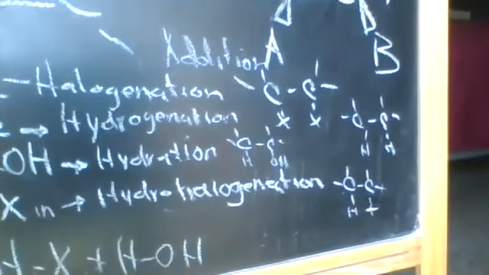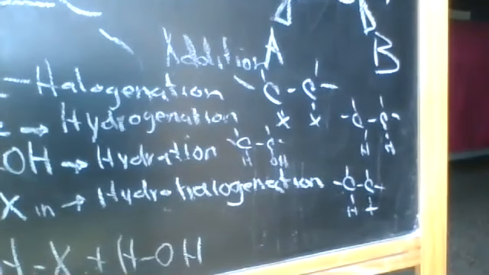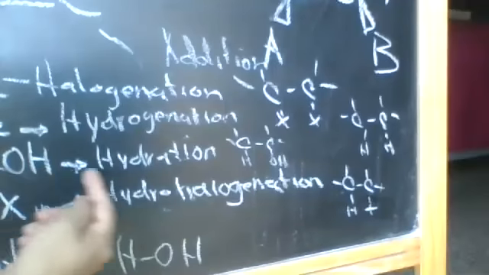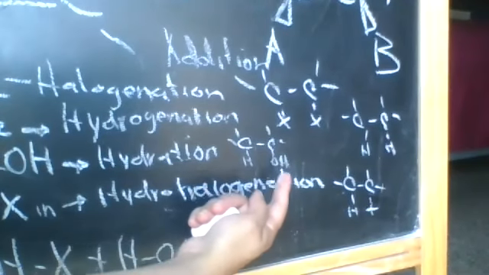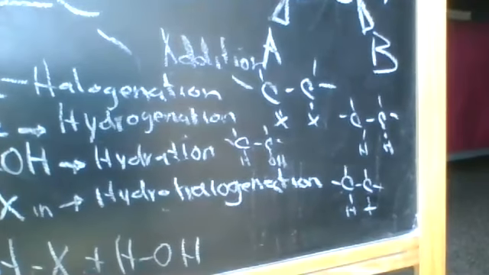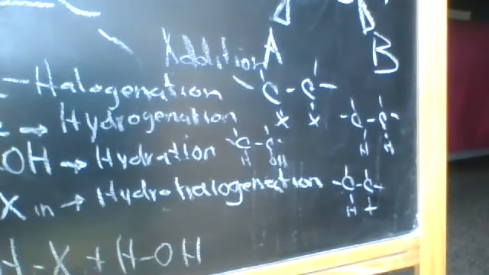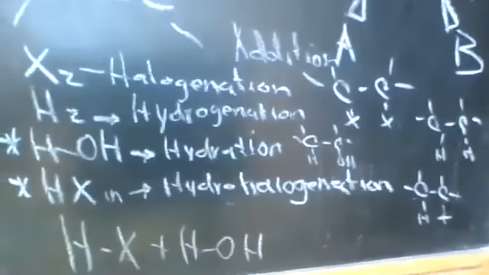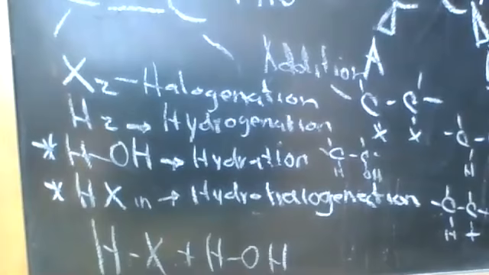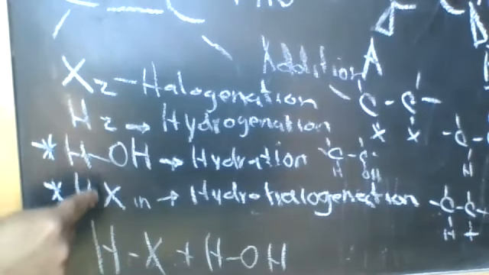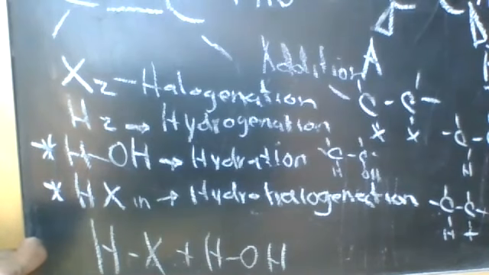These are going to be more challenging in terms of deciding where the OH is going to end up or where the halogen is going to end up. That's where you need to understand what Markovnikov's rule means. Hydrogen goes where more hydrogen already is. That's Markovnikov's rule, and that's what's going to guide you to decide where to plug in this hydrogen.